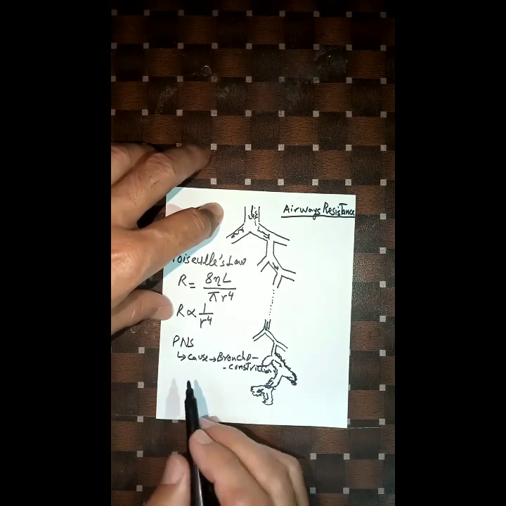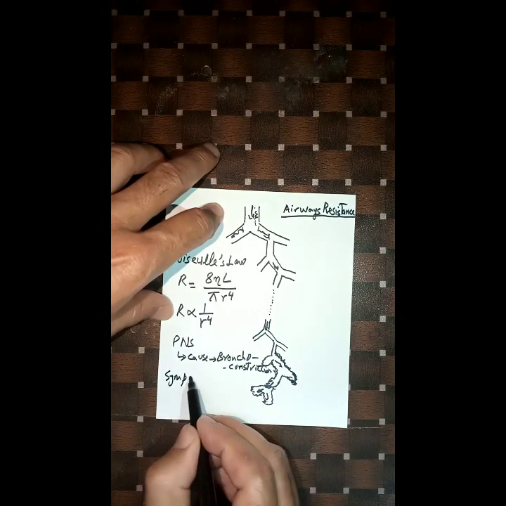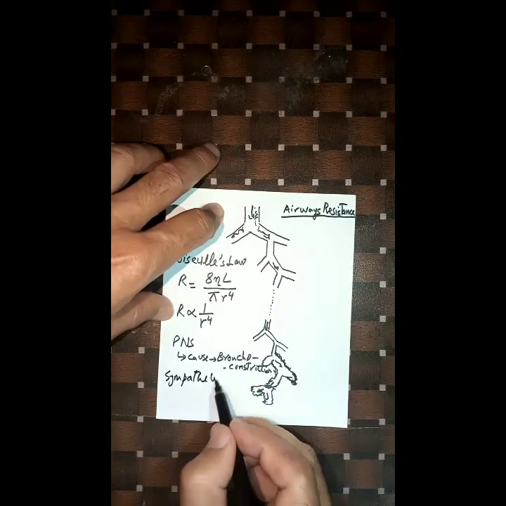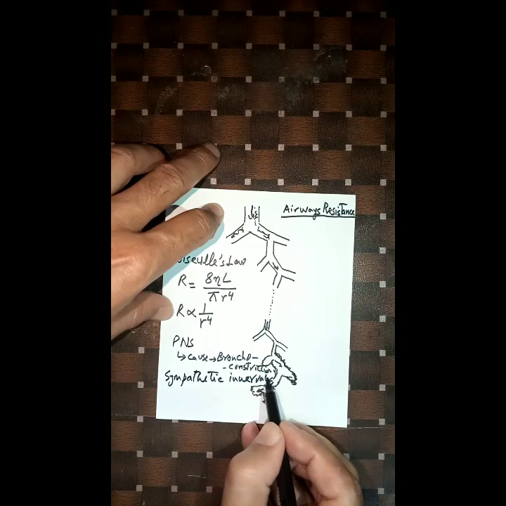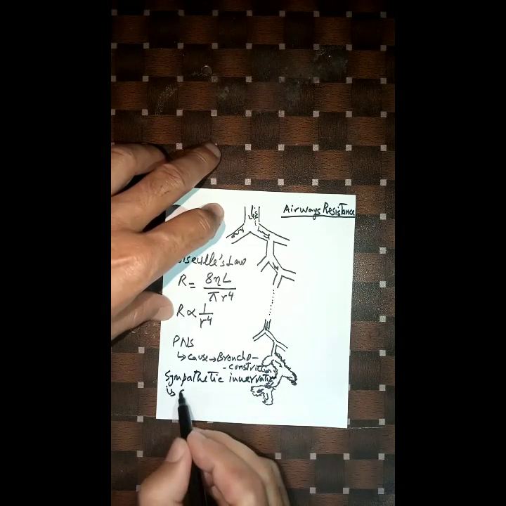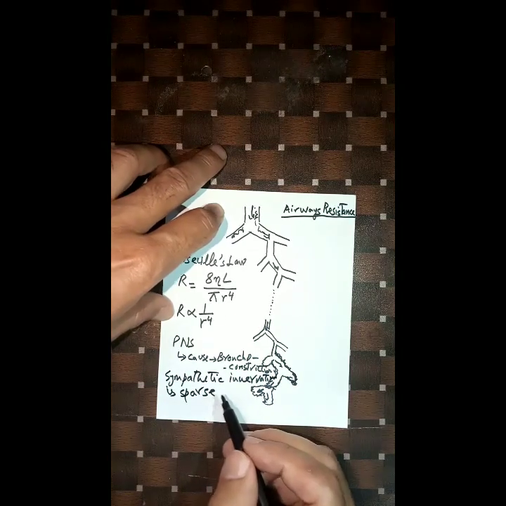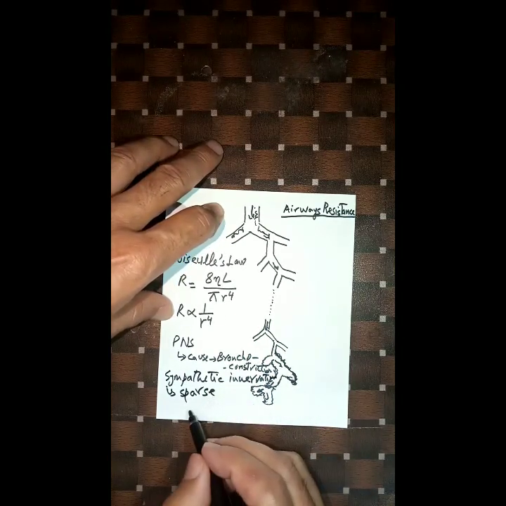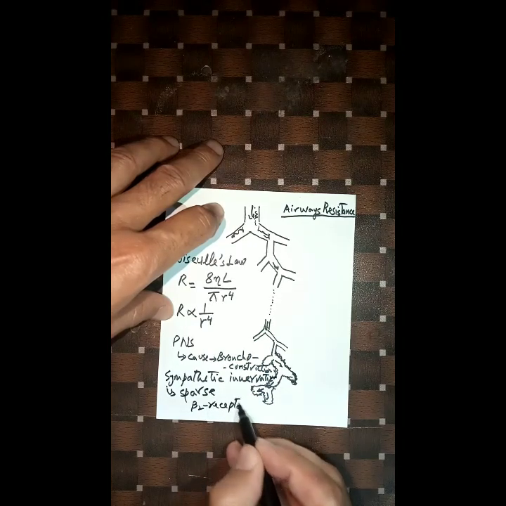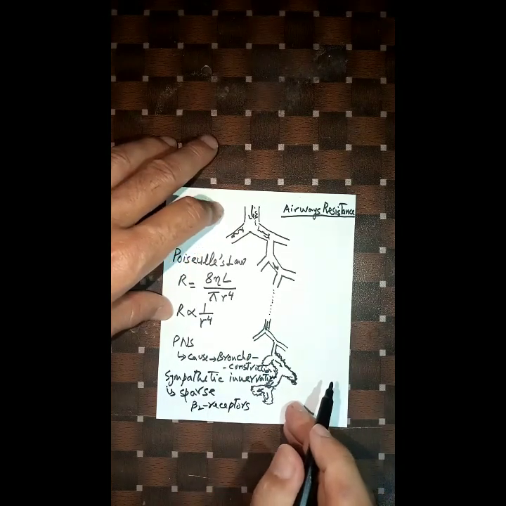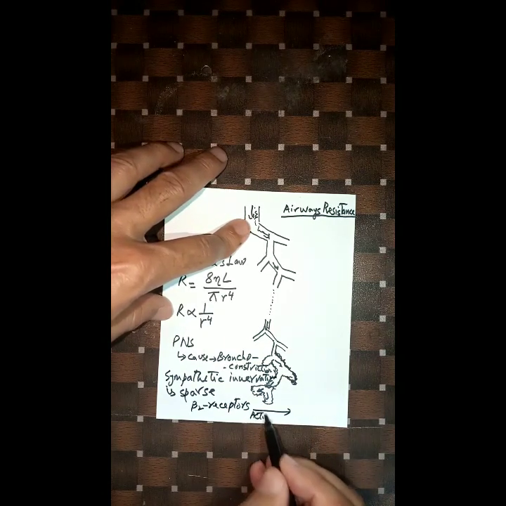The sympathetic innervation is sparse, but the bronchioles are well supplied by beta 2 receptors. Beta 2 receptors on activation cause bronchodilation.